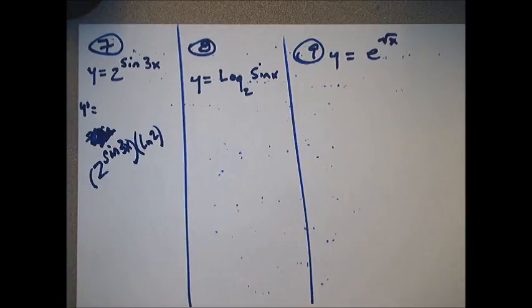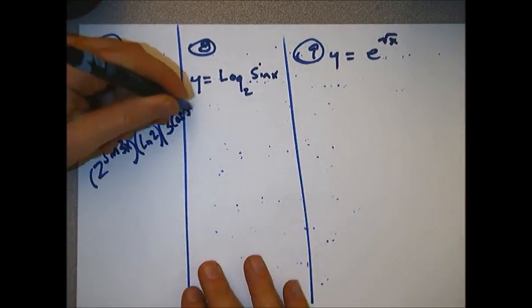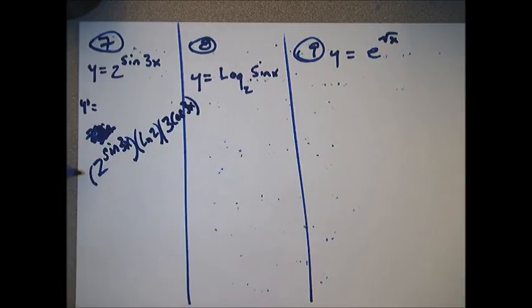It's trig prime, keep the angle, derive the angle. So cosine 3x, 3, better answer, 3 cosine 3x. Final answer, 2 raised to the sine 3x, with me rewriting the problem, natural log the base, so ln 2, and then you derive the power, and the derivative of sine 3x is 3 cosine 3x.